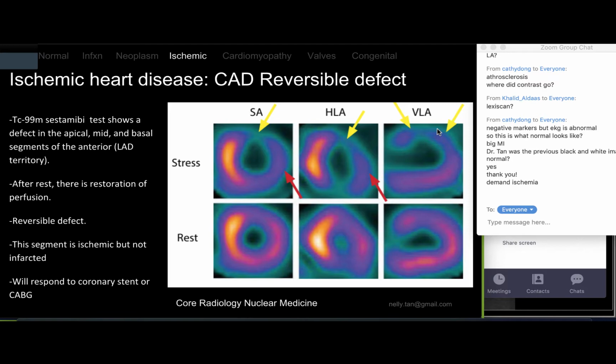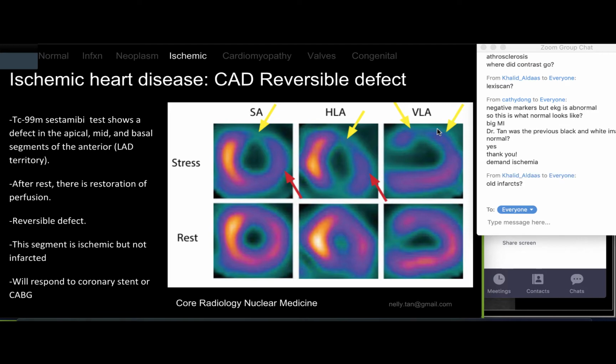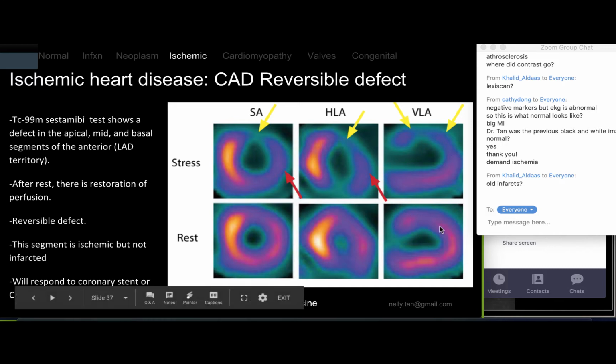Which patients will not benefit from revascularization? Any thoughts? Yeah, if you have an old infarct. So if the tissue is already dead from the get-go, you're not going to save it, right? Because it's already dead.